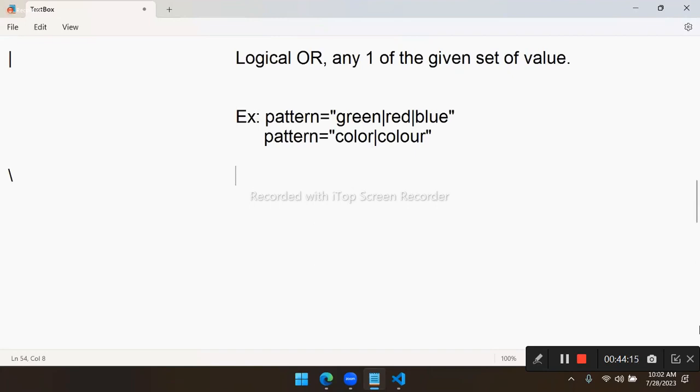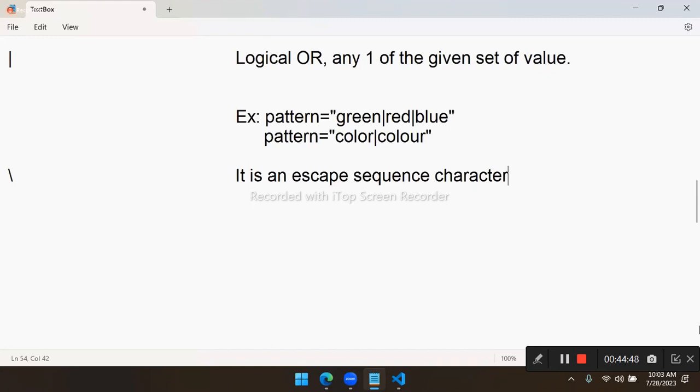In your C programming or Java programming or .NET programming, slash is an escape sequence character.